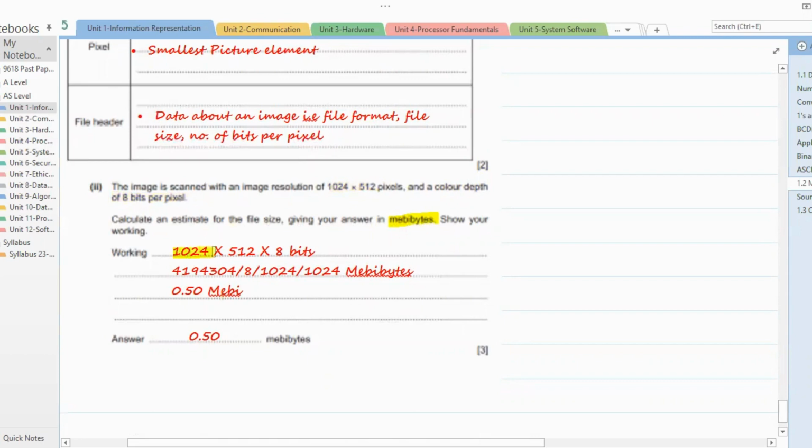So first of all, 1024 into 512 into 8 gives you bits. Then because you have to get your answer in megabytes, firstly you divide by 8 to get bytes, then further by 1024 to get kibibytes, and then further divide by 1024 to get the answer in megabytes. So 0.50 is your final answer.